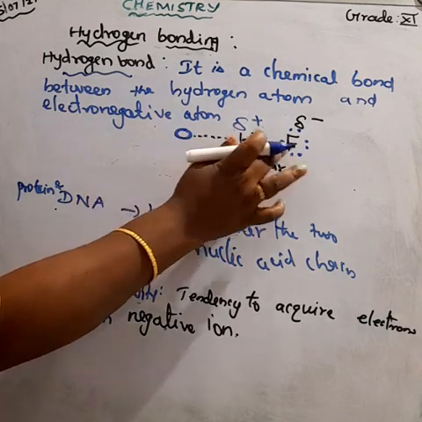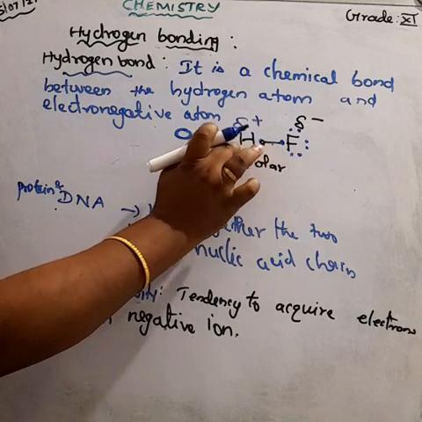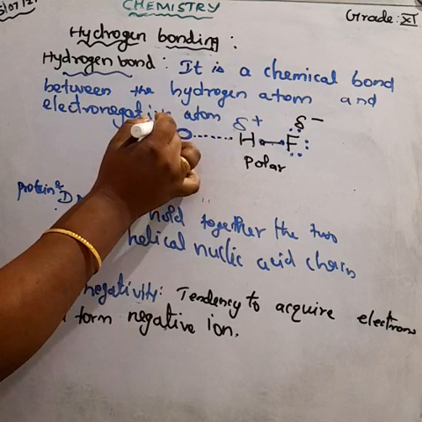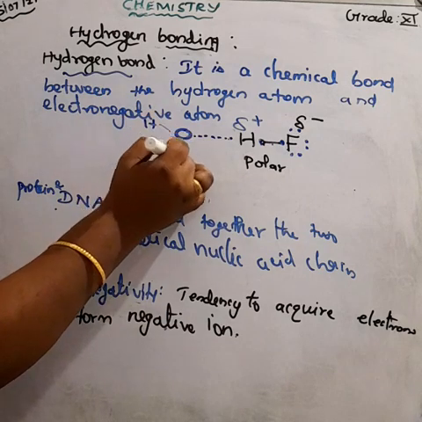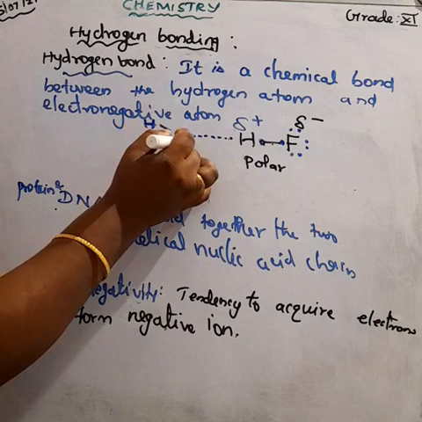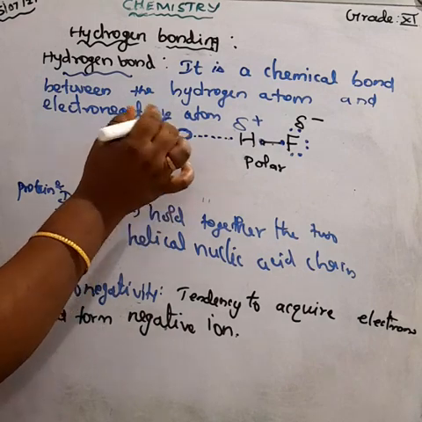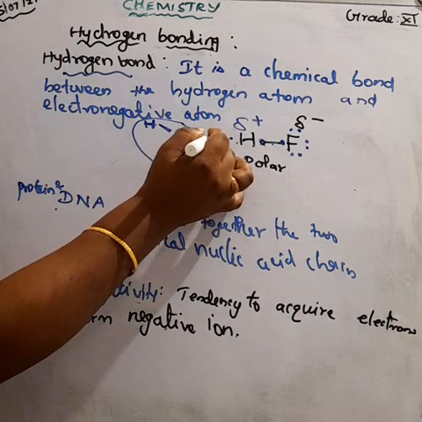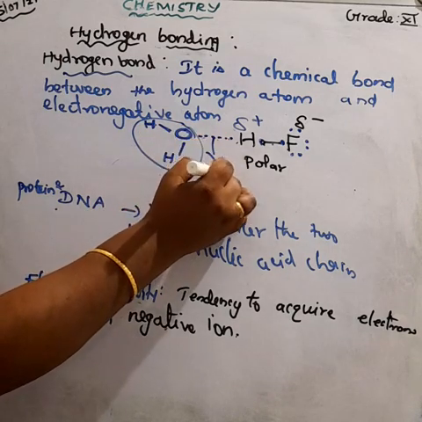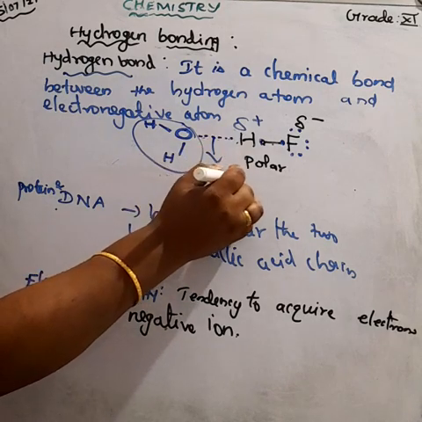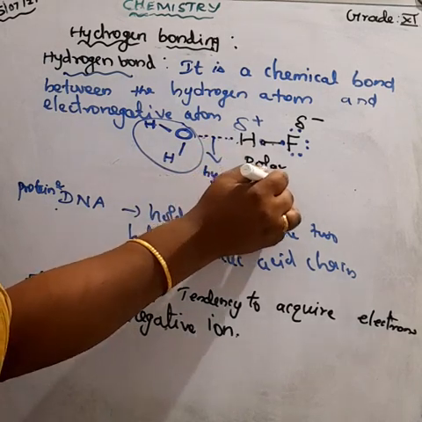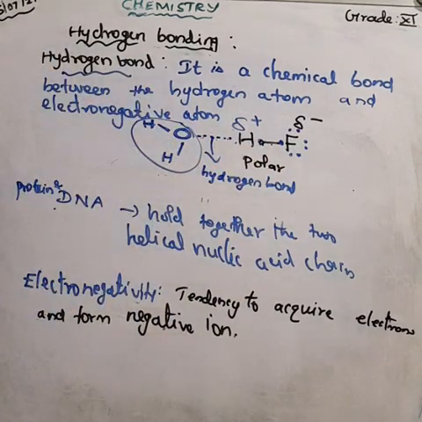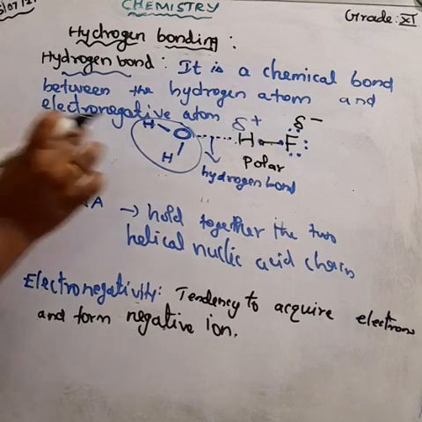When the oxygen of a water molecule is present near the hydrogen fluoride, oxygen is the most electronegative atom, so an electrostatic interaction takes place between the polarized hydrogen and the electronegative atom present in the vicinity. Vicinity means nearby.